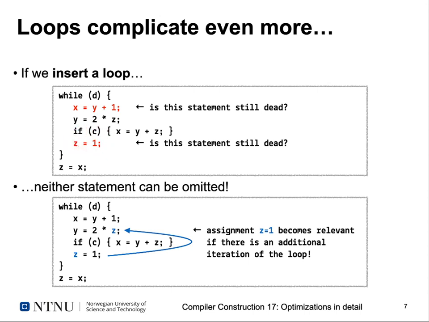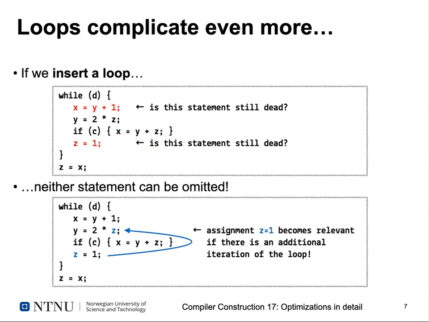Now the other statement that was still dead in our previous example is the statement z equals 1. So we need to ask ourselves if this statement now is also still dead. Now in our previous example, z equals 1 was unconditionally in any case followed by z equals x. Now we can actually go through the loop again after the assignment of z, which means that this value of z now could be reused in the assignment for y here, and also conditionally in the assignment for x here.